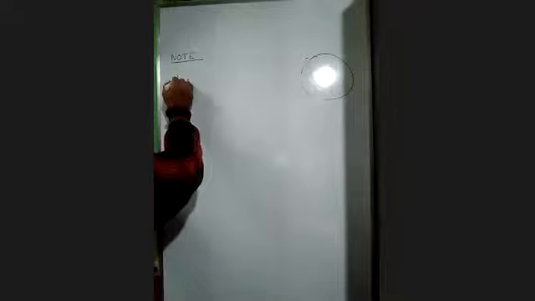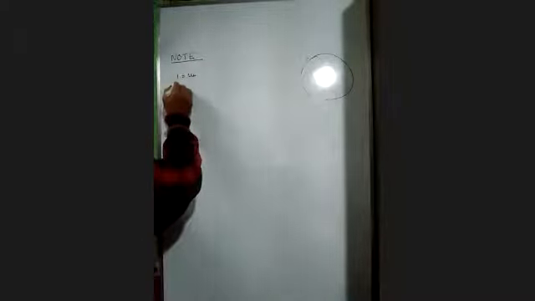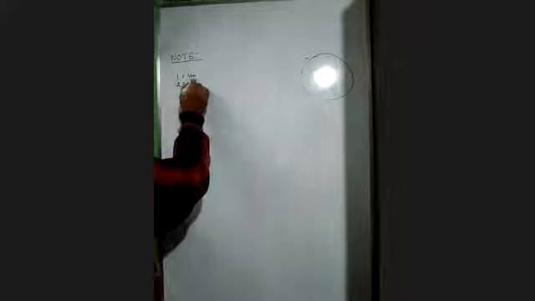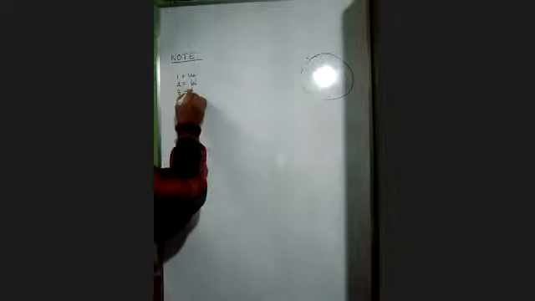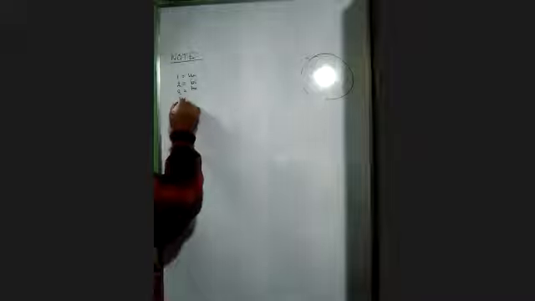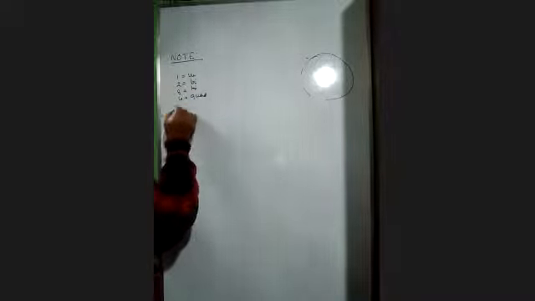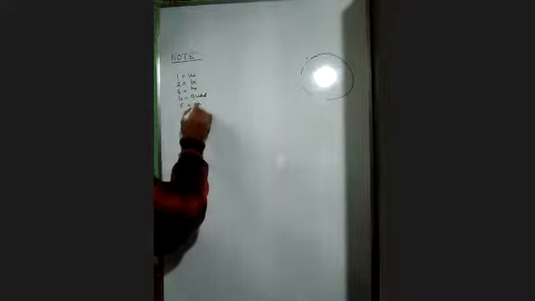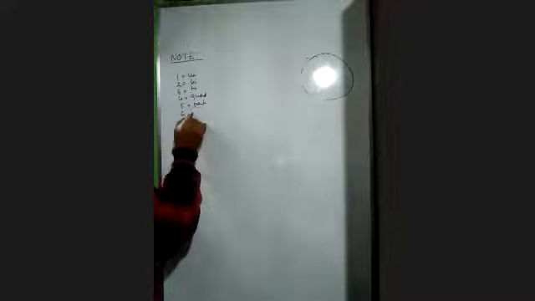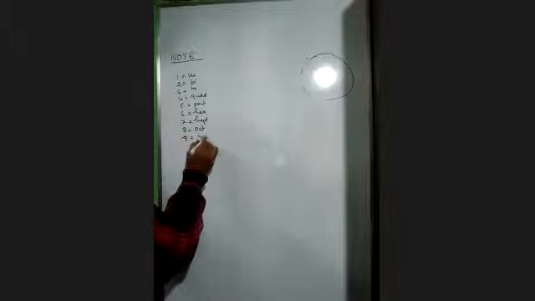So 1 is called un, 2 is called bi, 3 is called tri, 4 is called quad, 5 is called pent, 6 is called hex, 7 is called hept, 8 is called oct, 9 is called non, and 0 is called nil.